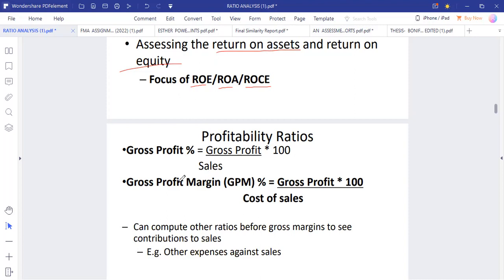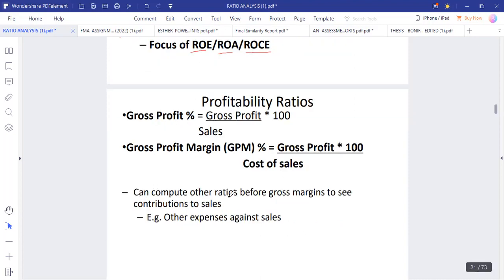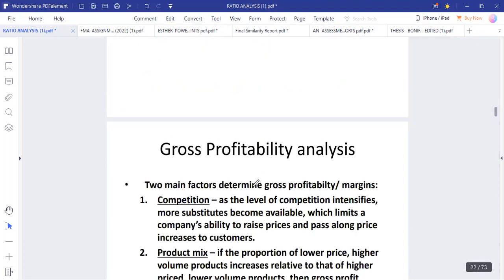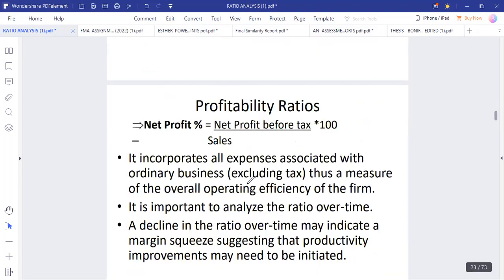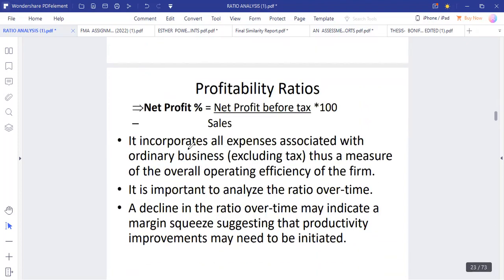It looks at the contribution before expenses. But when your expenses are being factored in, we look at the net profit margin. Net profit margin incorporates all the expenses associated with running the business, but excluding tax. So this is called the net profit before interest and tax, or the operating profit.